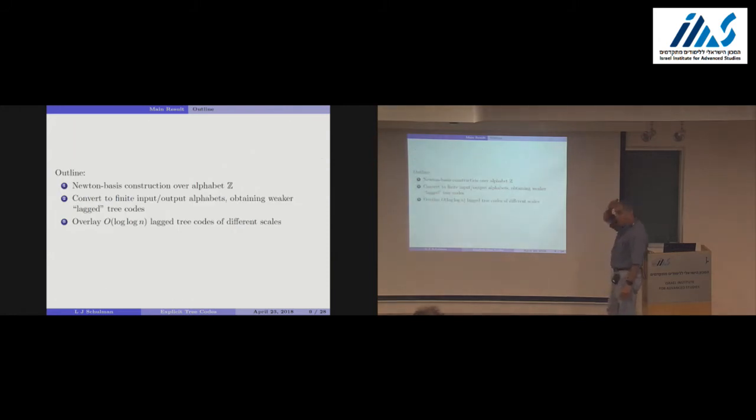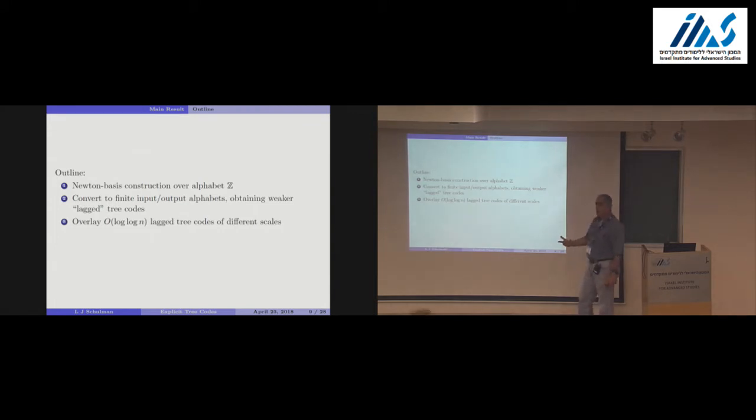Okay, so just an outline of how this is going to go. First, I'm going to describe tree codes that label vertices with integers. This doesn't help us directly get a finite alphabet size, but it lets us work freely with polynomials. Then we're going to convert to a finite alphabet scheme.